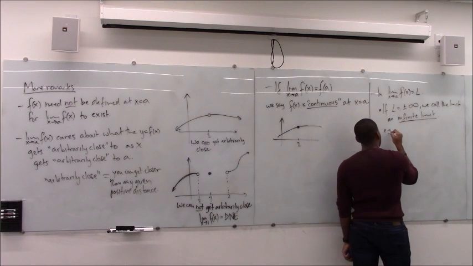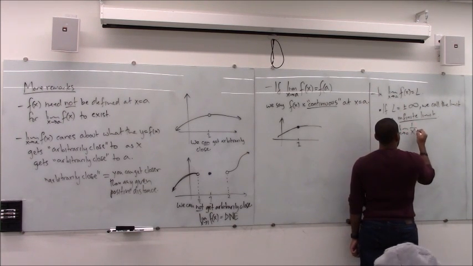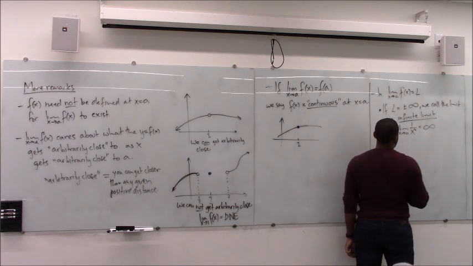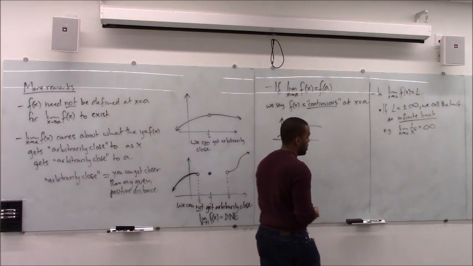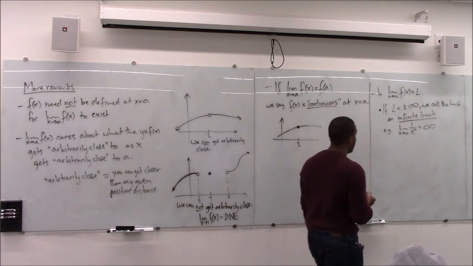So for example, the limit as x approaches 0 of 1 over x squared, we saw last time, was infinity. That is called an infinite limit. The y value goes off to infinity, it's an infinite limit.